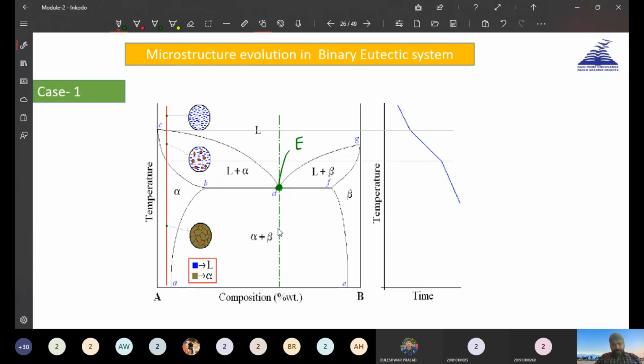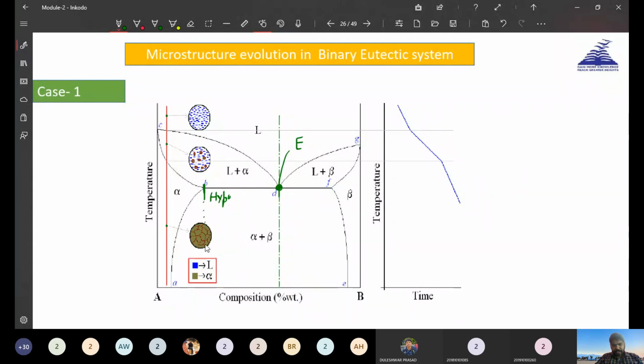Now, the composition which lies between these 2 points, between B and D, is known as hypoeutectic. This region is known as hypoeutectic. If I say I have taken an alloy with hypoeutectic composition, then you must understand that we have taken the composition in between these 2 points.